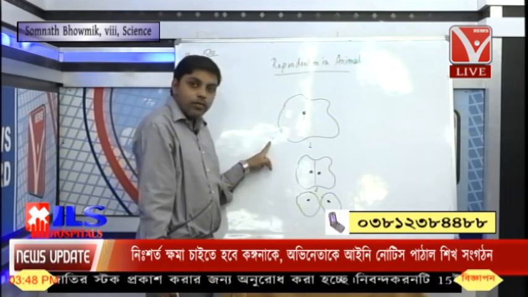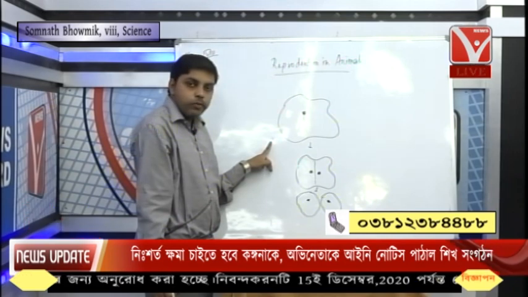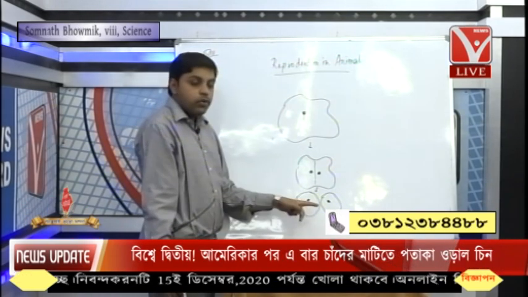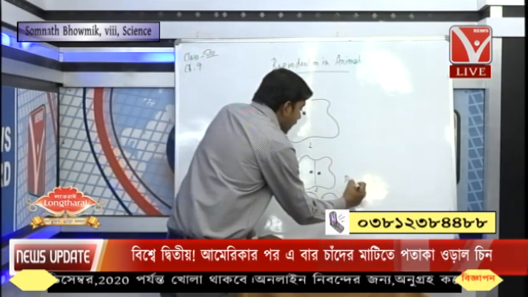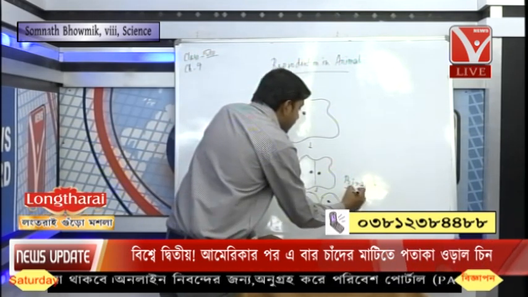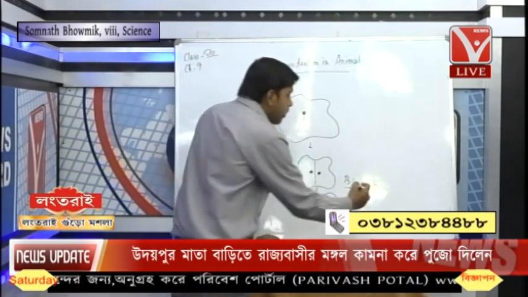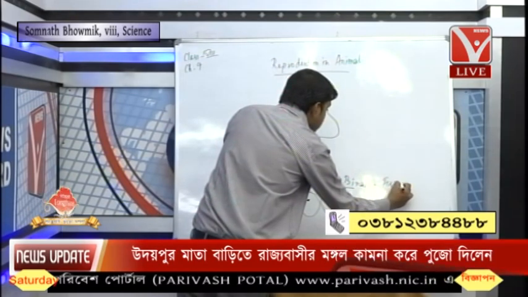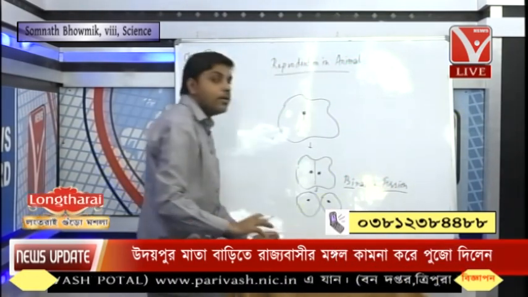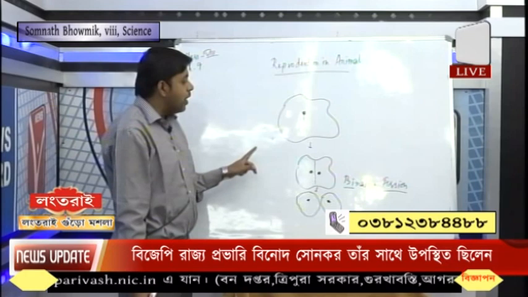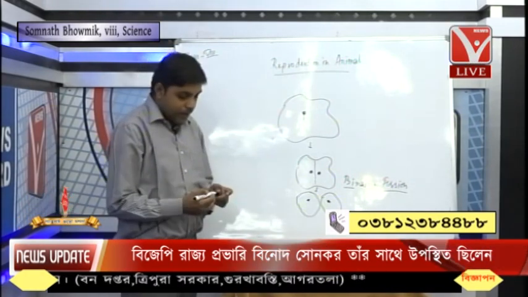What is the meaning of reproduction? Reproduction is to increase the number from 1 to 2. This is called binary fission. Binary means two, and fission means breakdown, not fusion. So amoeba shows binary fission.